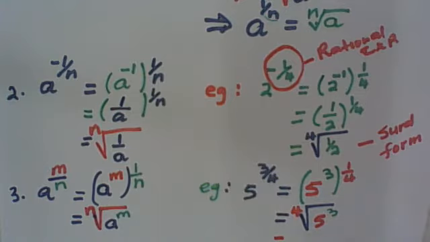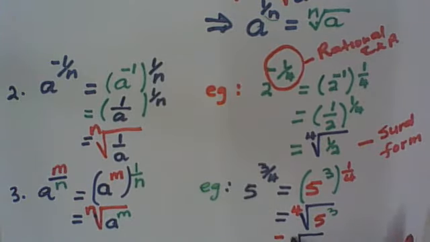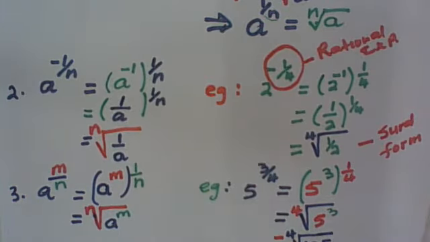And 5 to the power 3, that is 125. Then this will be the fourth root of 125. Now this is how it works.